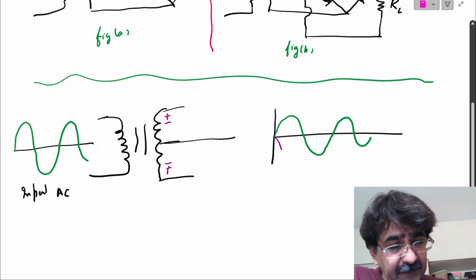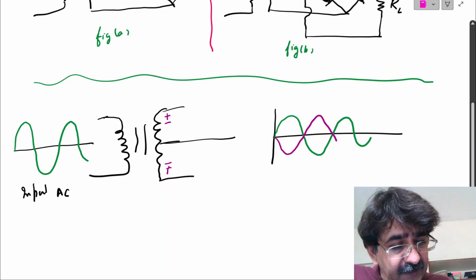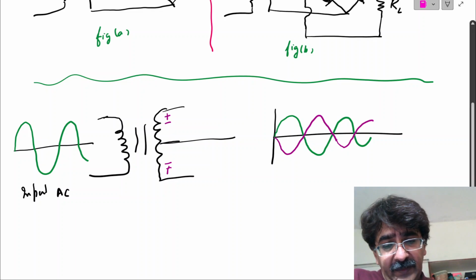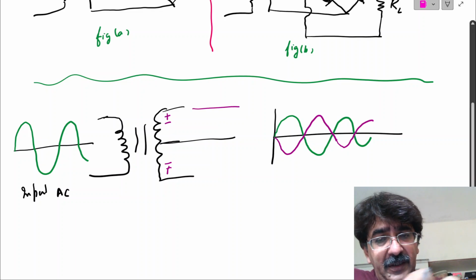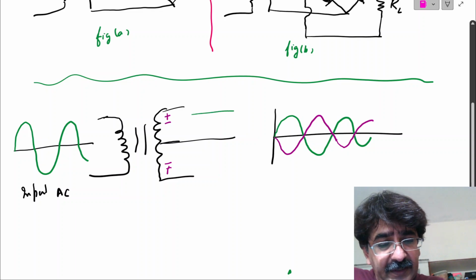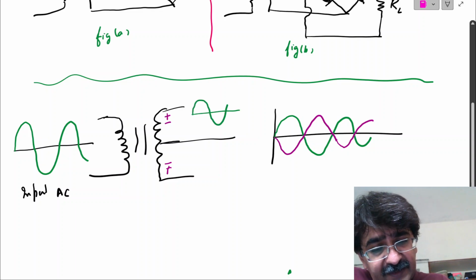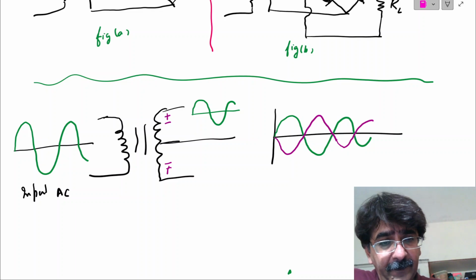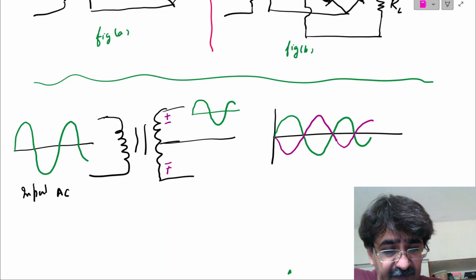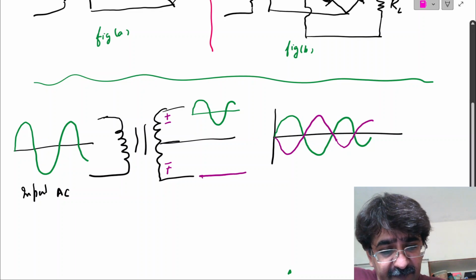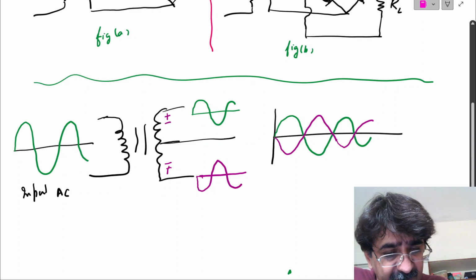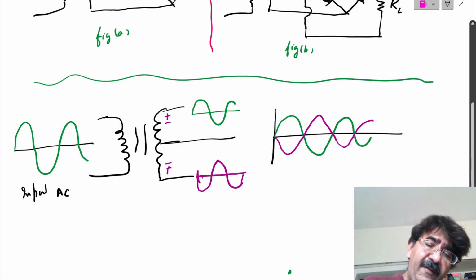The green color is representing the output wave at the upper terminal, and the purple or red wave is representing the output wave at the lower terminal of this transformer.